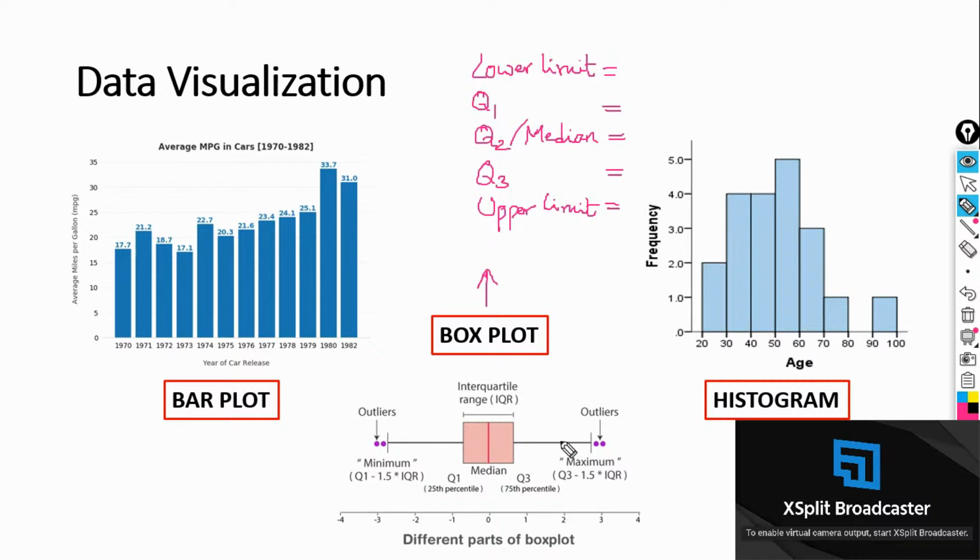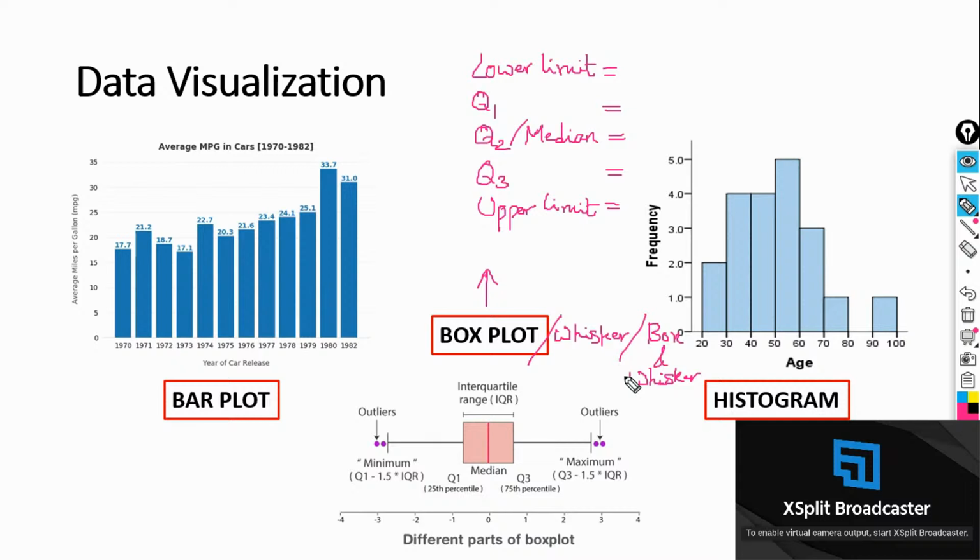This box plot is also called a whisker plot, or box and whisker. What is this box plot? What is this whisker plot? Why is it named box and whisker?